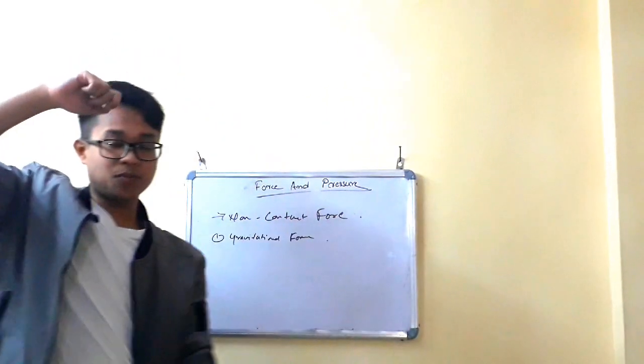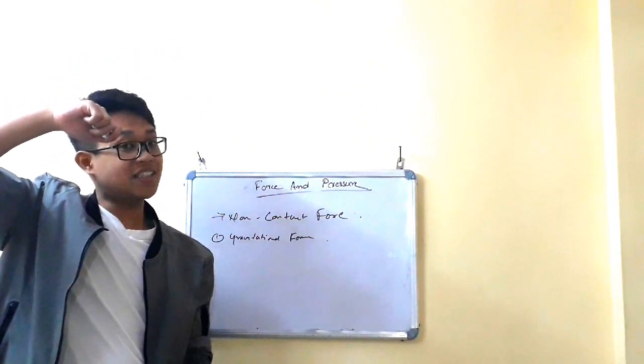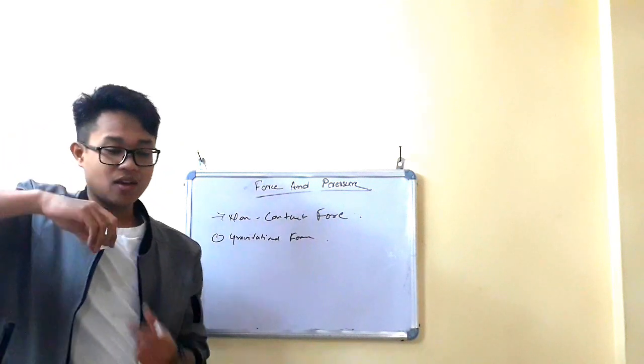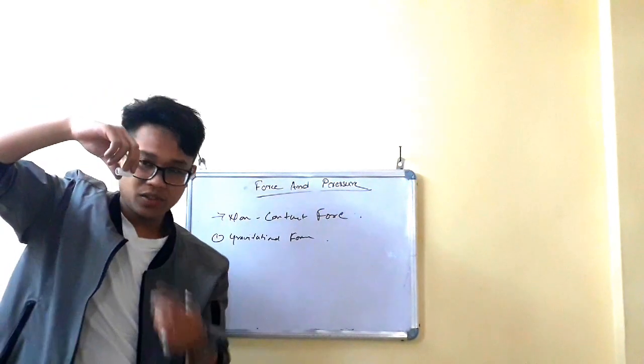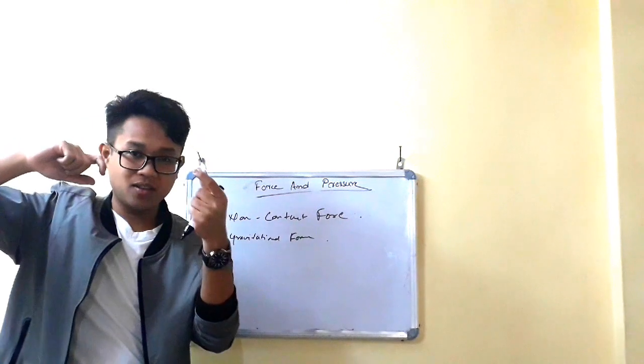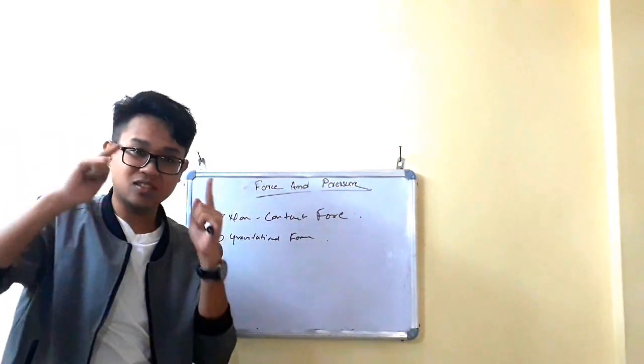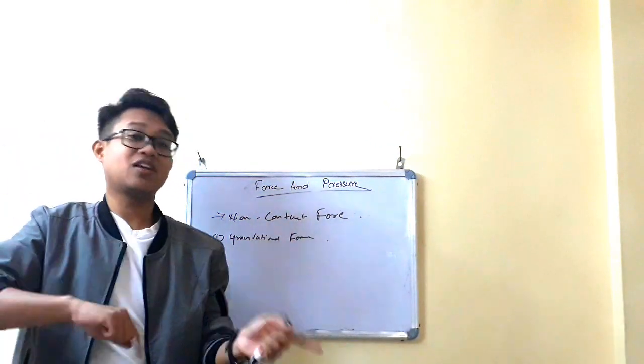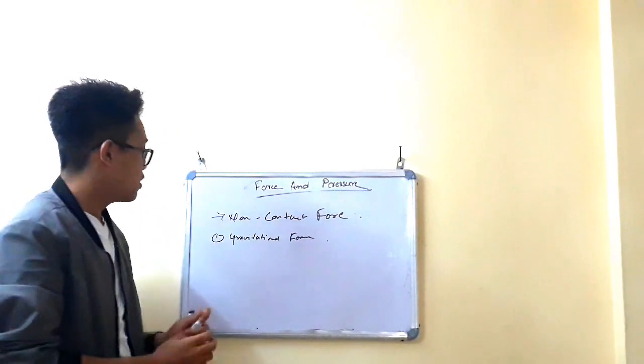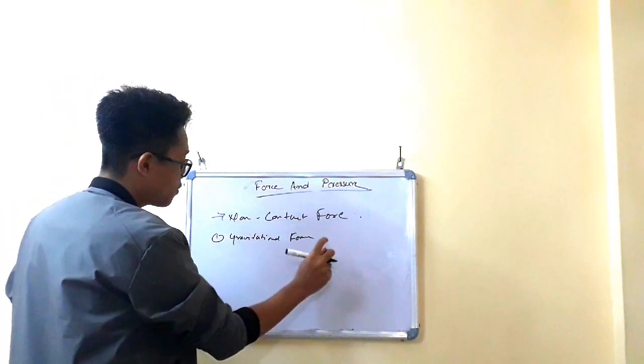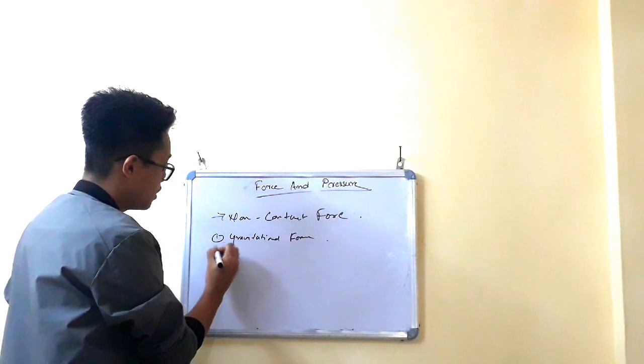So why does it go down? Because Earth is pulling it down. The force is exerted by the Earth, right? But here, is there a contact between the Earth and this marker? No contact, but still it's going down. This is non-contact force. The force without any contact. So the first non-contact force is gravitational force.